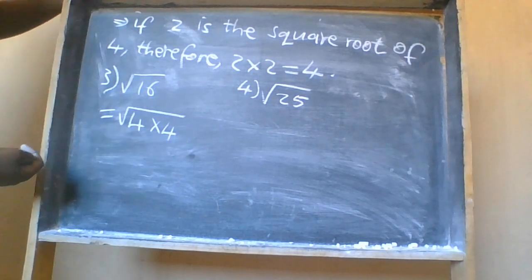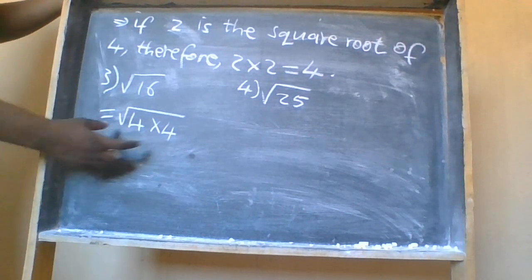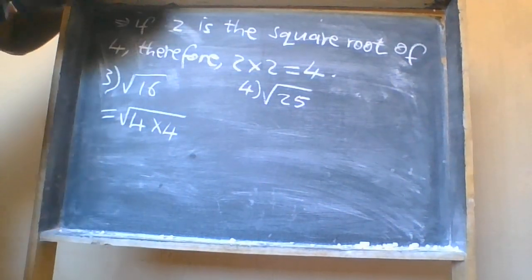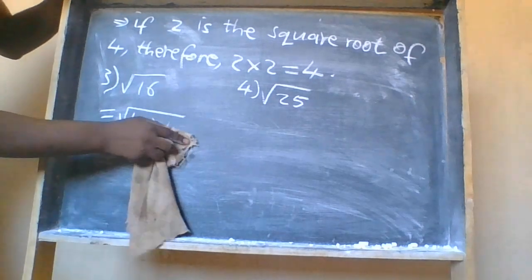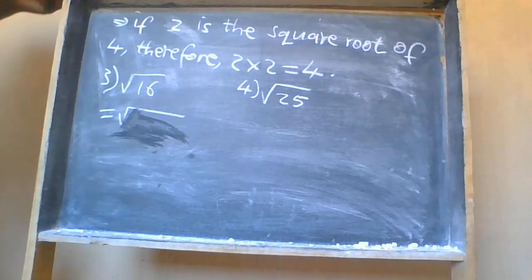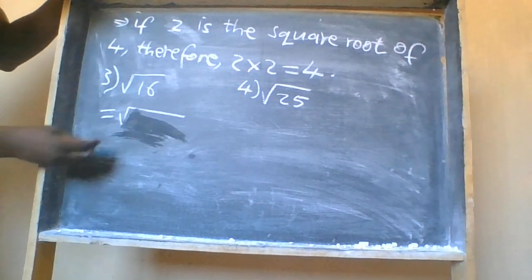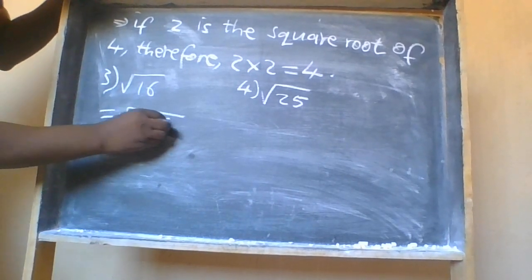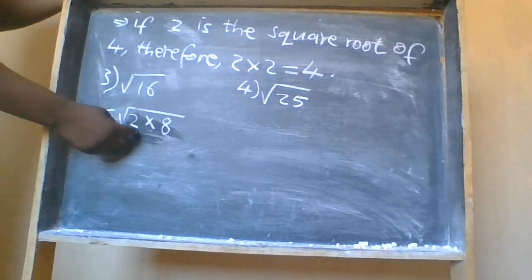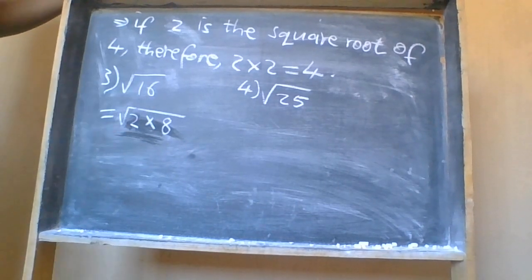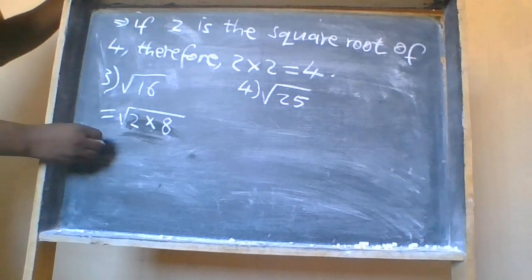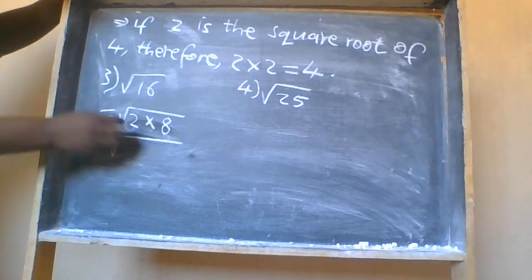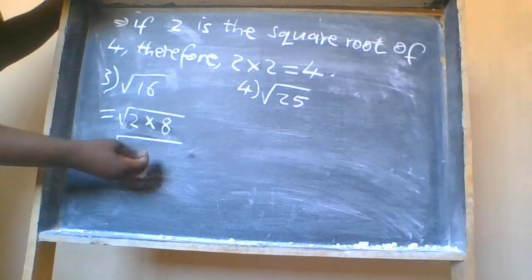Or even before you go to that, you can simply break this number down and say 2 times 8. 2 times 8 is 16. Therefore, you can continue by breaking down the 8 again into 2 times 4.